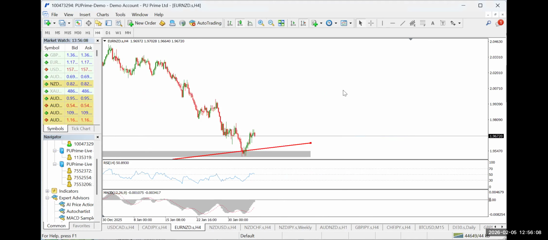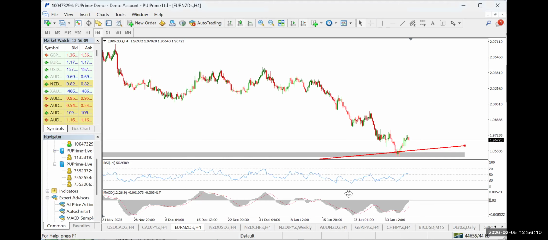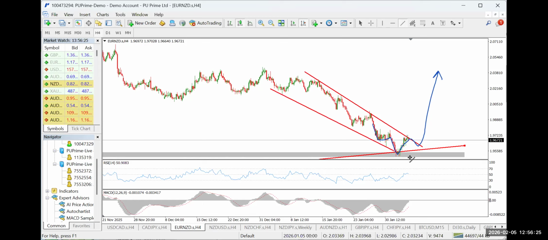Now, on the 4-hour time frame, we're seeing a lot of similarity between the GBP NZD and the Euro NZD, because the Euro NZD is also forming an inverse head and shoulder, which is expected to trigger price to the upside. I also have a falling wedge pattern to support a bullish breakout. Again, if the data comes out as actual greater than forecast, that will lead to a bullish breakout on the Euro NZD.